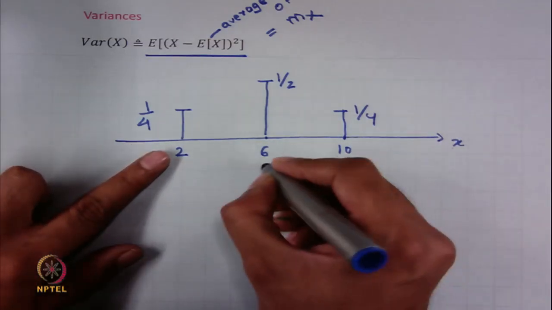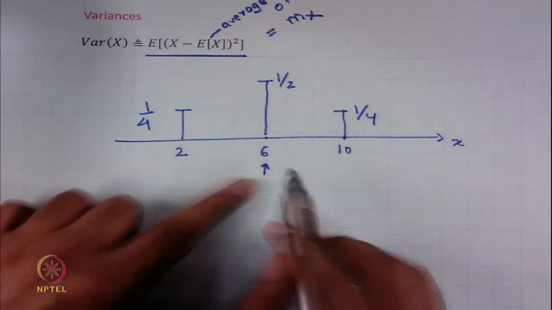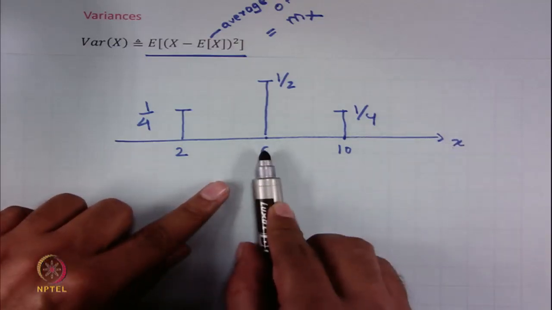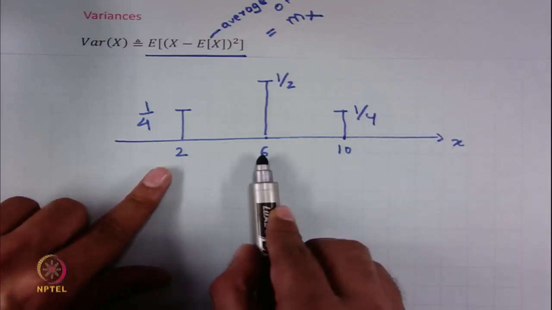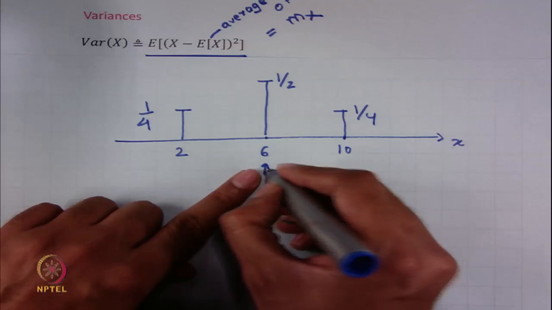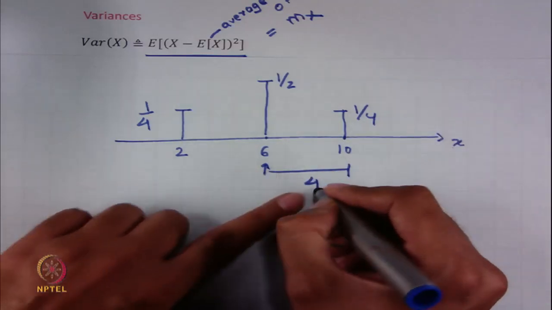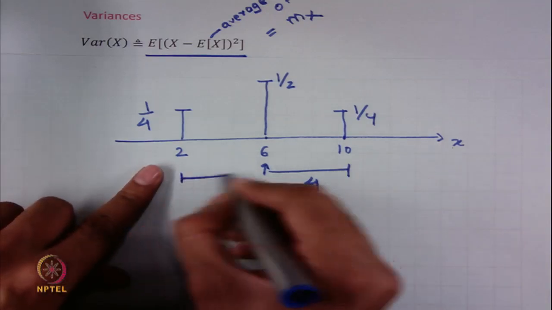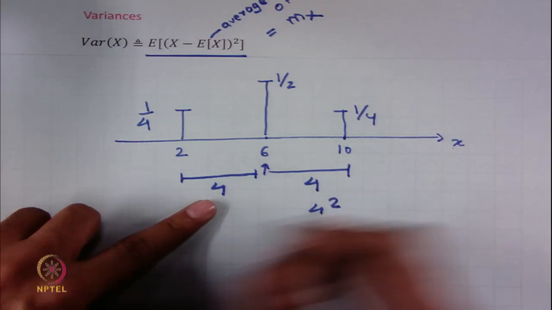We have already calculated the mean of this random variable. Try to think of it in terms of center of gravity, and it will be extremely clear that the mean of this structure will lie here. Then I take the distance from this mean. In this case I take this distance, which is 4. In this case the distance from the mean is this, and then I square these distances.